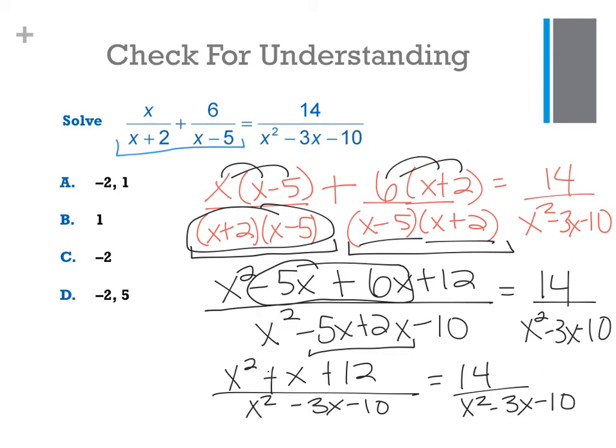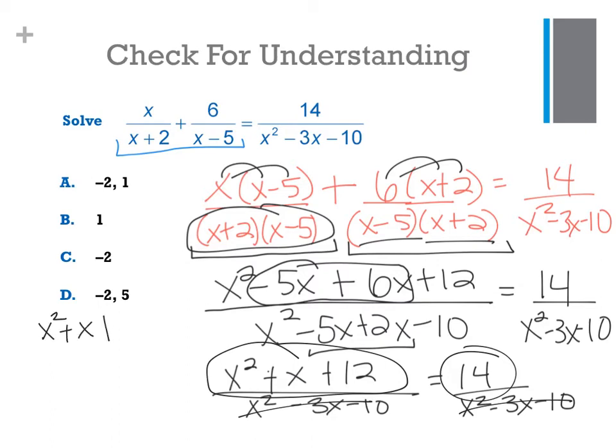Now, like we said in the previous example, when you have a fraction equal to another fraction, and your denominators are the exact same, basically you can just ignore the denominators and state that the numerators are equal to each other. So if we get x squared plus x plus 12 equal to 14, what I'm going to do is move the 14 over to this side and get x squared plus x minus 2 equals 0.